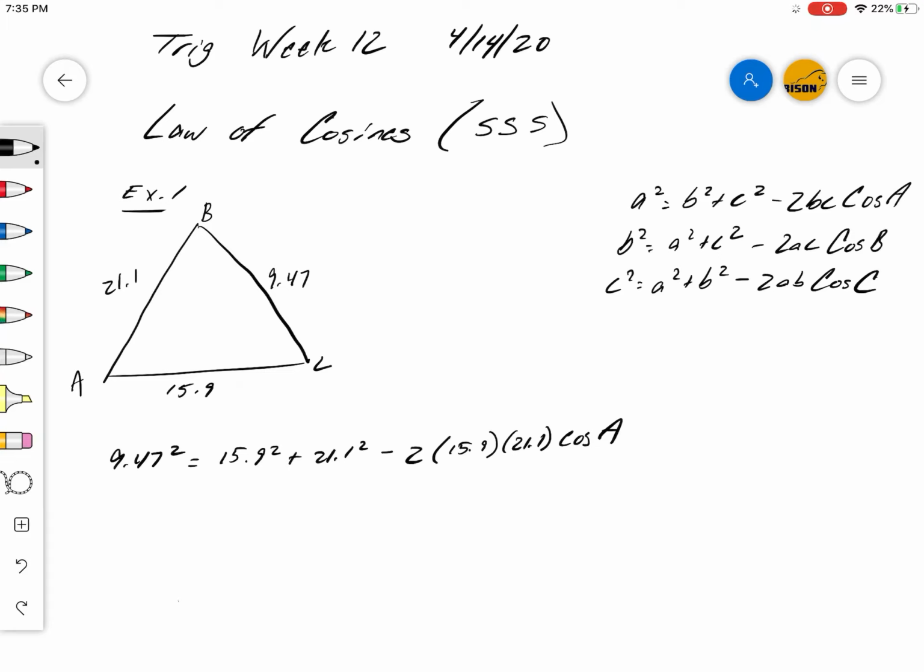So I'm going to start doing some multiplication here. 9.47 squared gives me 89.6809. I'm going to keep that in my calculator so I don't lose the decimals. It's 89.68 or so, so just make sure you're exact with this. 15.9 squared is 252.81. I'm going to go ahead and get 21.1 squared.